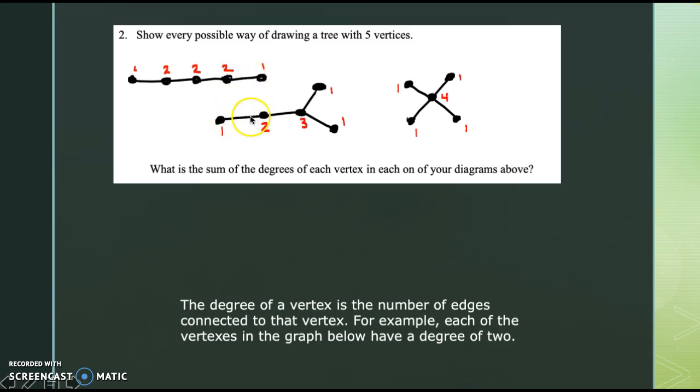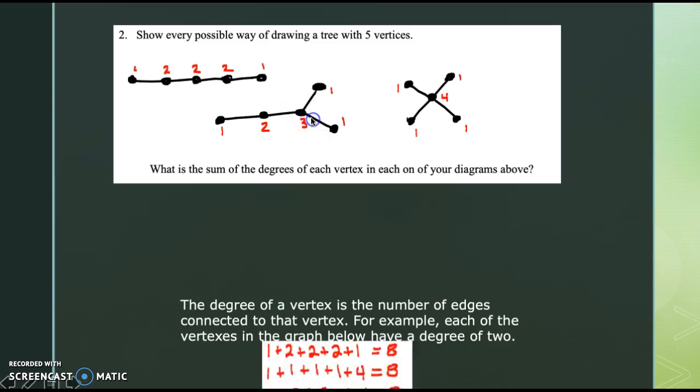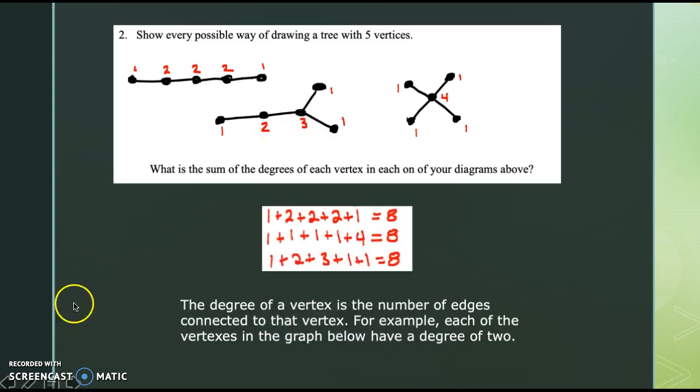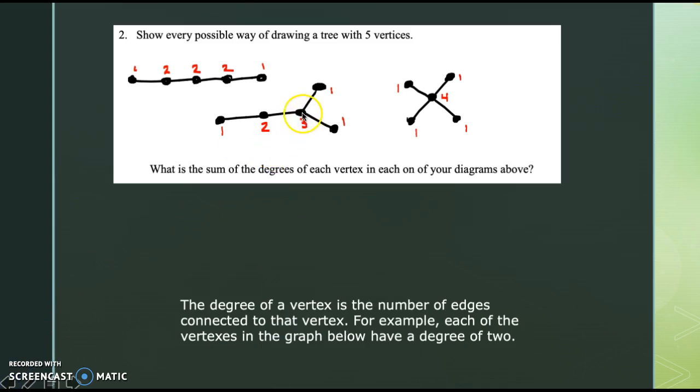And then 2 is this way. 3, that's the degree of this vertex because it goes off into 3 different ways. It goes off in 3 different ways. And then here, all of these are 1. And this one's 4 because this vertex connects with 4 different other vertices.